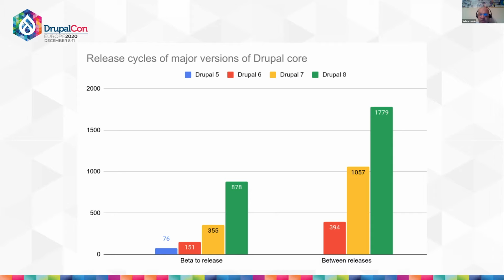So you can clearly see that for Drupal 5, there were only 2 months between the first beta release and the final release. For Drupal 6, it was already something like half a year, Drupal 7, a year, and Drupal 8, it's a whopping 3 years.